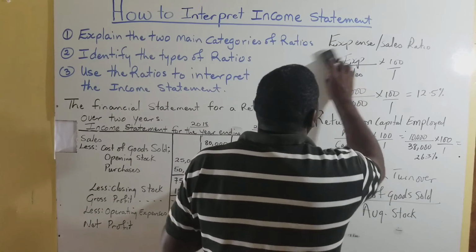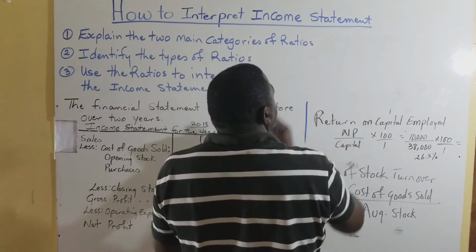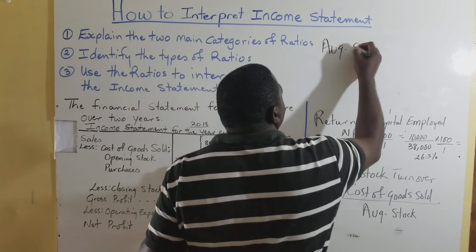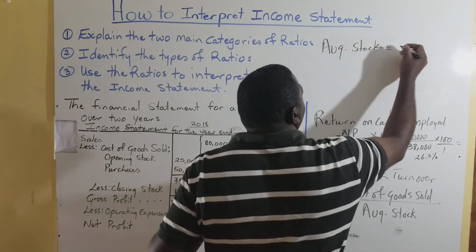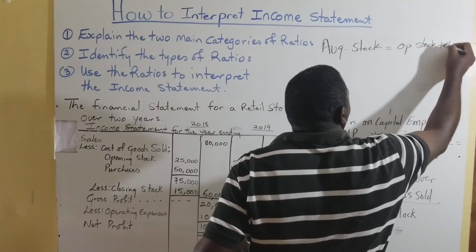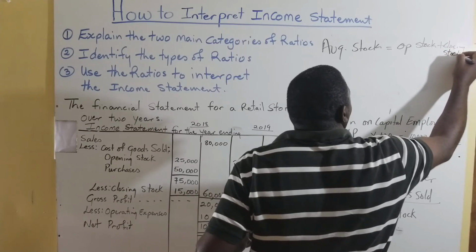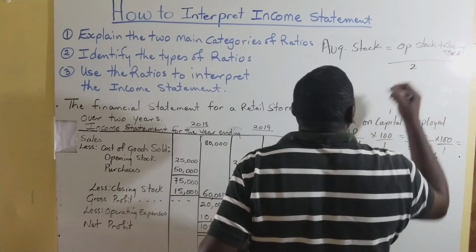Our average stock is equal to your opening stock plus your closing stock, divided by 2.